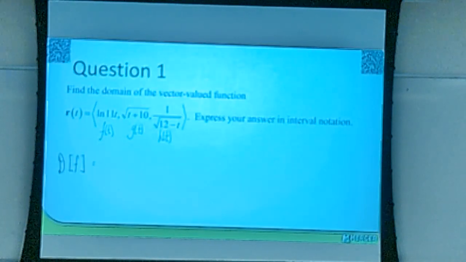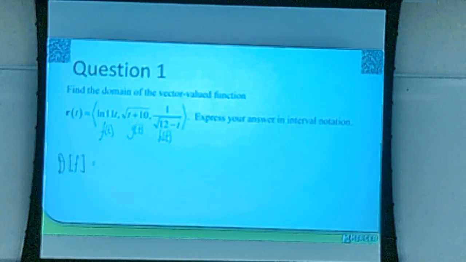What's log of 0? Something to the 0 is what we use. So it has to be larger than 0, so it's open. Log of 0 is undefined, because if I just look at natural log, that's essentially asking e to what power is 0?